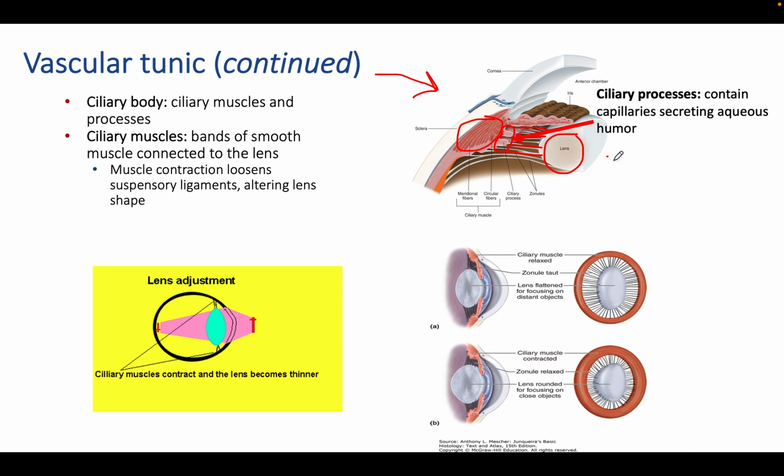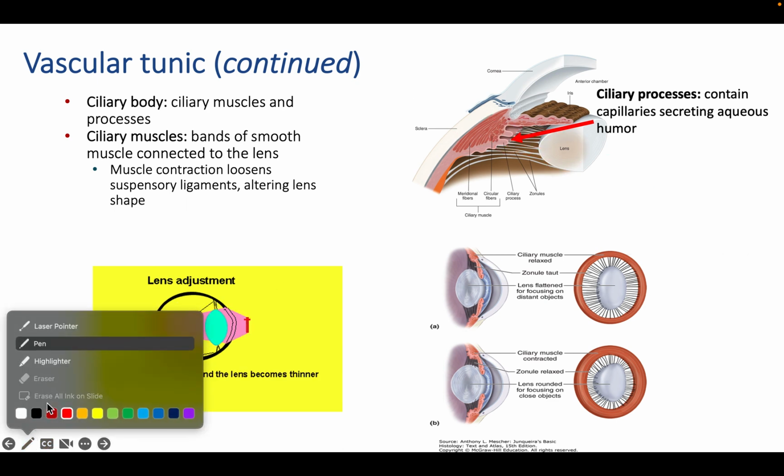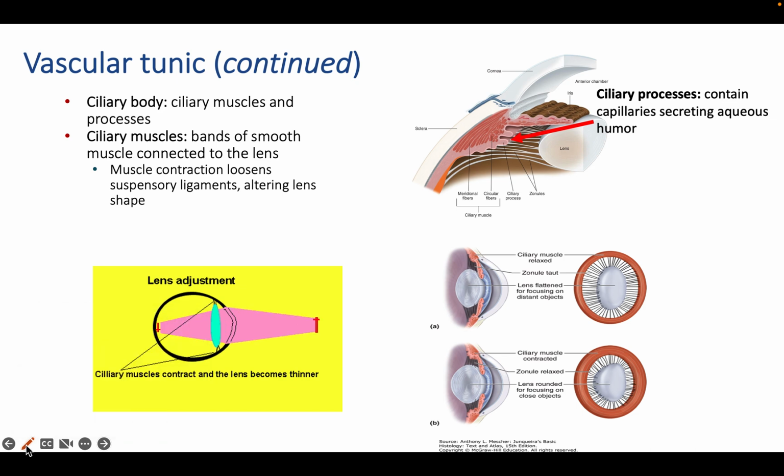Sometimes the lens can be kind of round like this. Sometimes the lens can be very straight, all right? Depending on the shape of the lens, we are better suited to see things up close when the lens is round, or we are better suited to see things at a far distance when the lens is more flat and more straight.